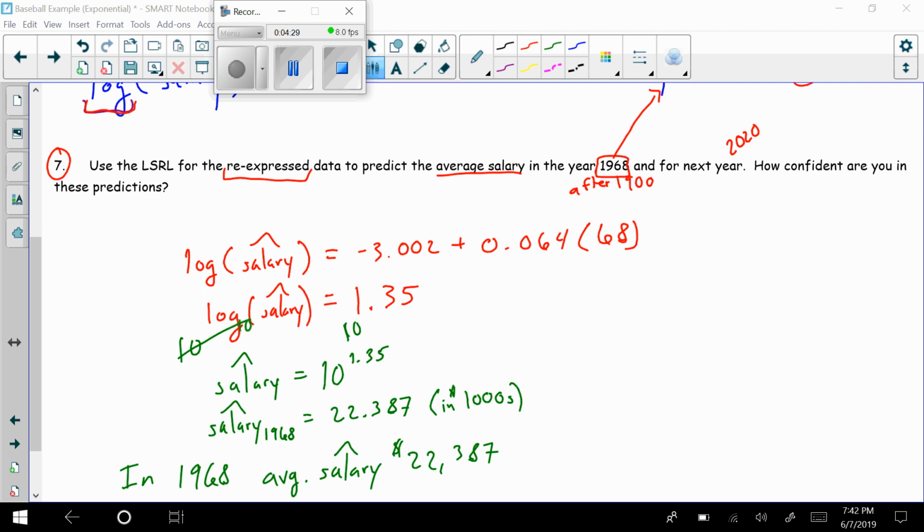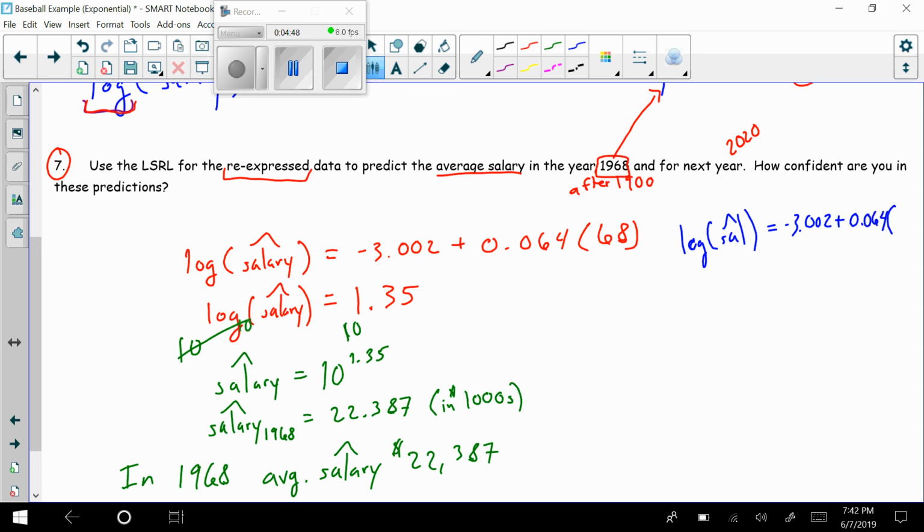Okay, now that you've tried it out on your own, I'll write mine in there. I'm going to go a little bit faster here, though, so I'm going to abbreviate some things like log sal equals negative 3.002 plus 0.064.